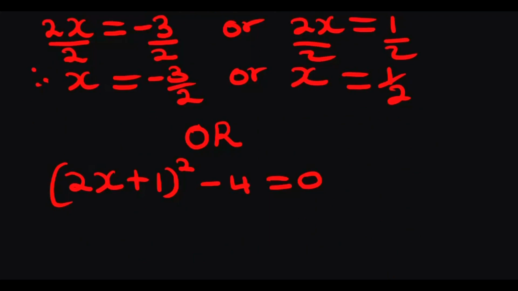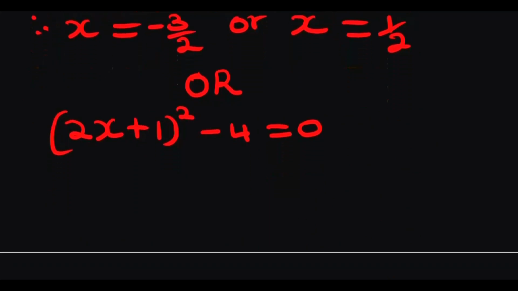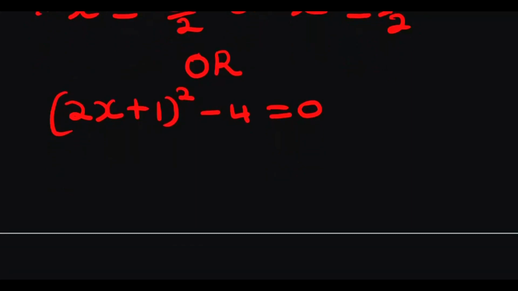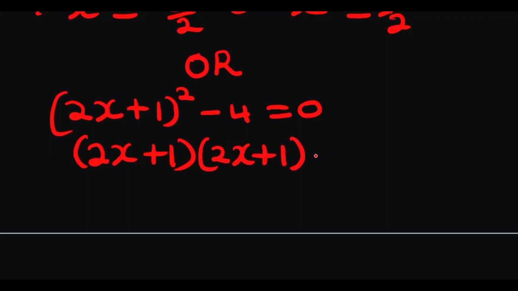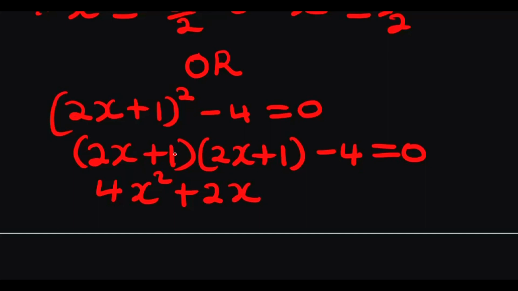The second method is that we can expand this (2x + 1)², which means we can say (2x + 1)(2x + 1) − 4 = 0. 2x times 2x is 4x². 2x times positive 1 is positive 2x.